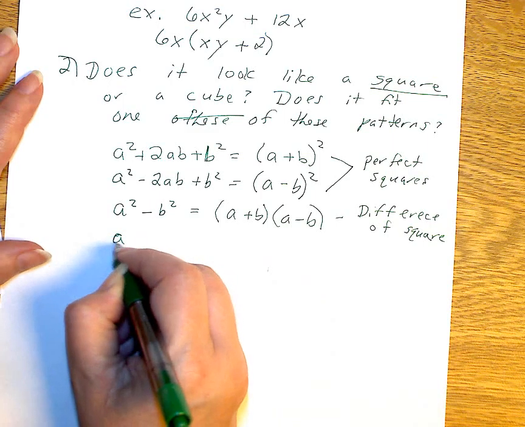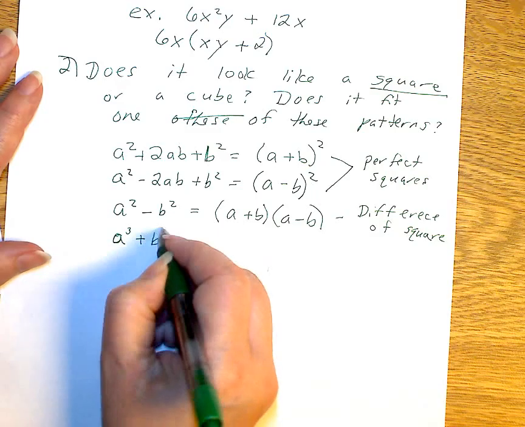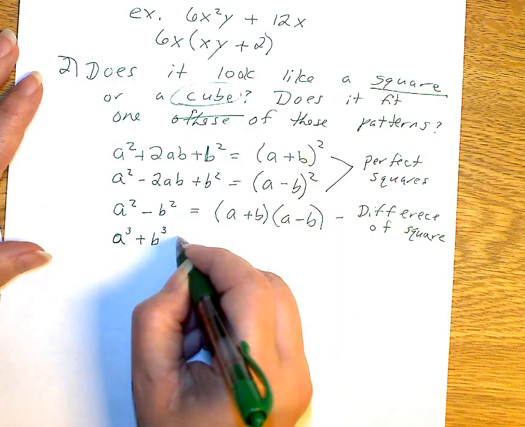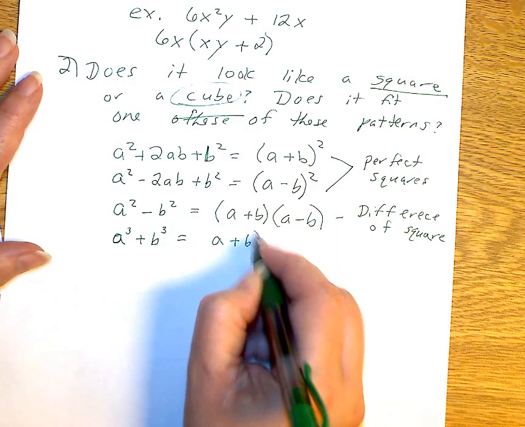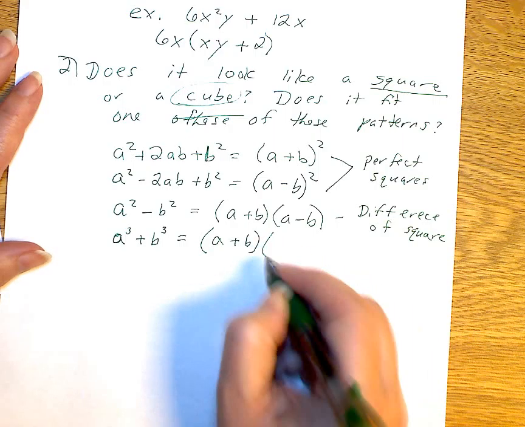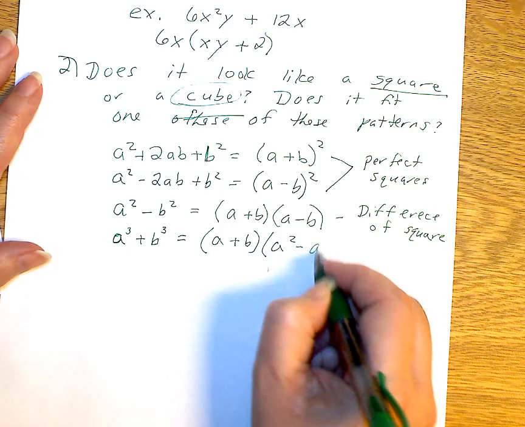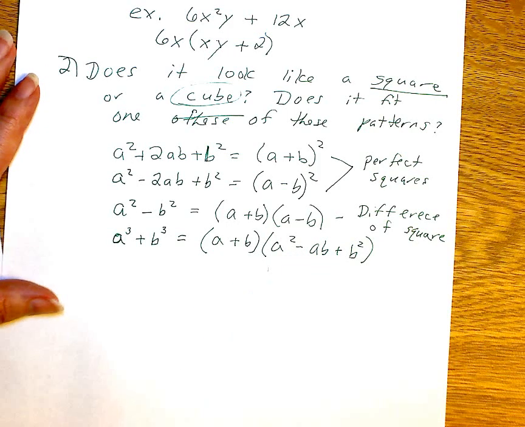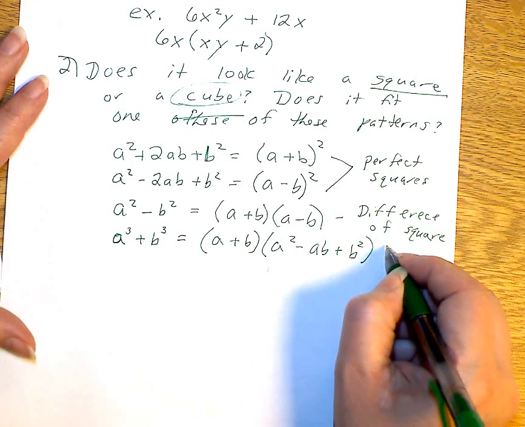A cubed plus B cubed. If you have a cubed, it might fall into this pattern where it is A plus B, and we have here A squared minus AB plus B squared. I don't know how we're supposed to remember these. Well, once we work with them, working with them is the way that we memorize them.